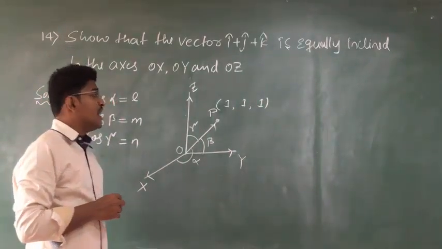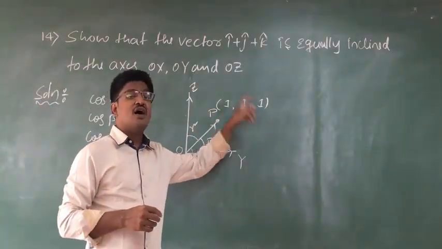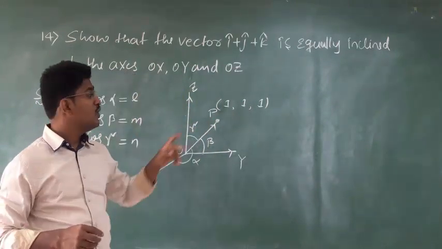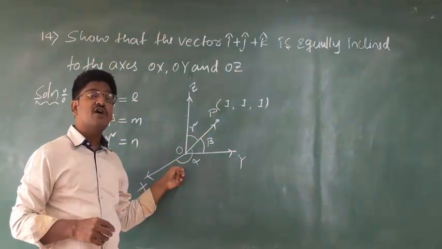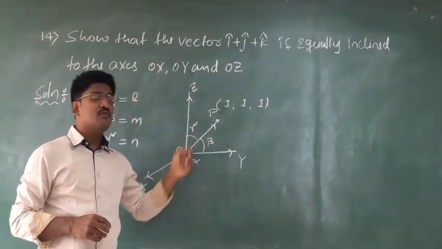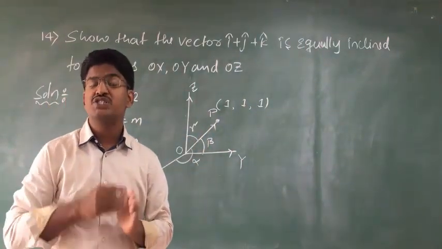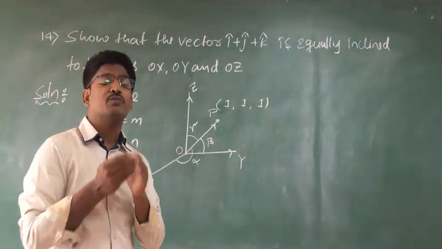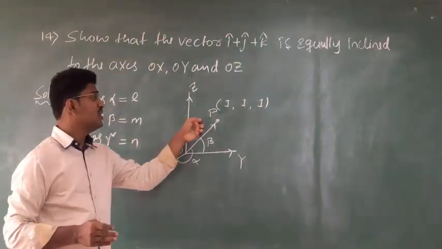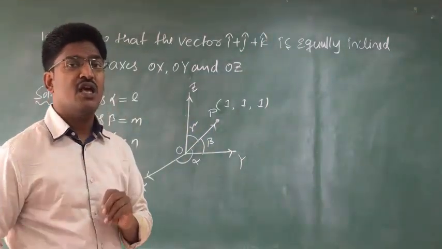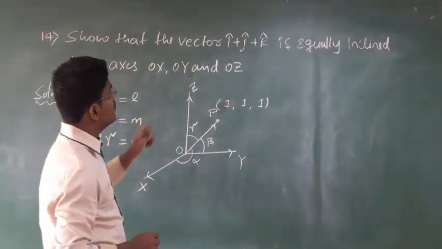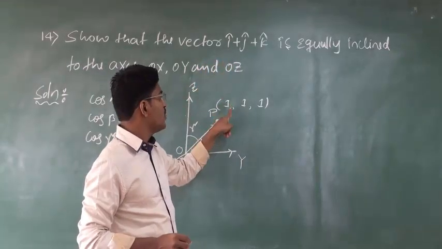Anyways, here 1, 1, 1 are the direction ratios. Cos alpha, cos beta and cos gamma are the direction cosines, which define the direction of the position vector of the given point. That's why they are called direction cosines. From this vector I have taken 1, 1, 1.